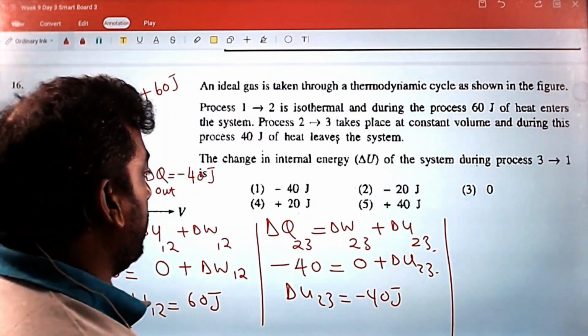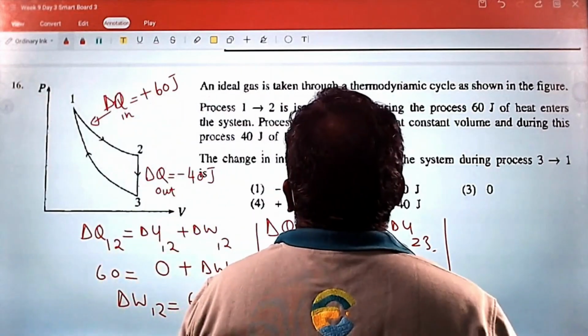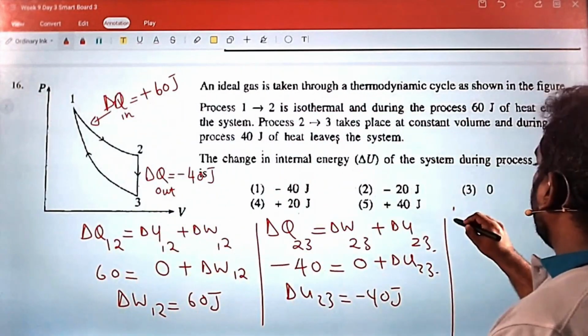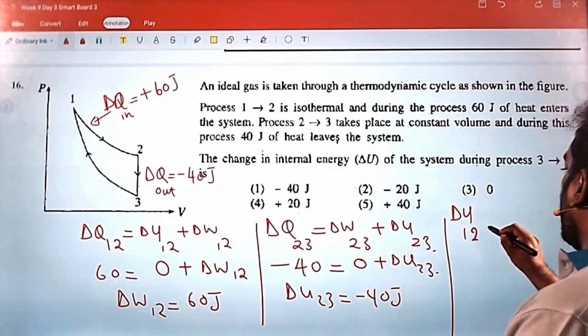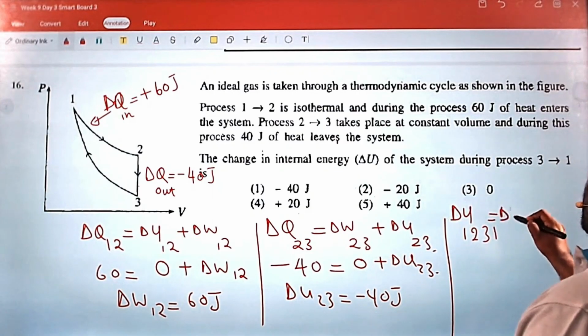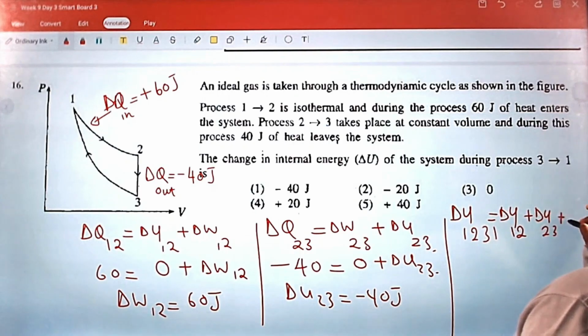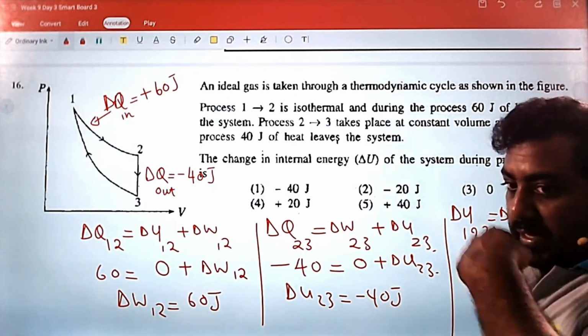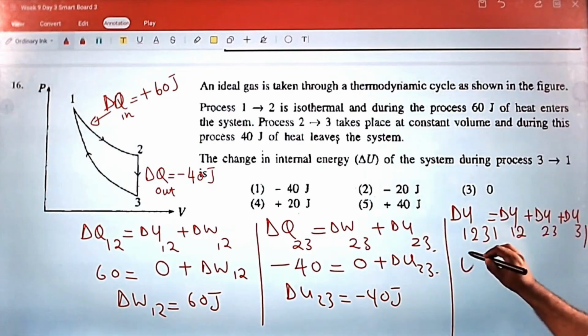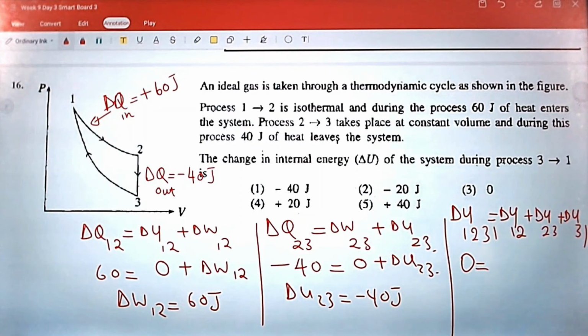Take 3 to 1. You can apply this now: delta U for 1 to 2 to 3 to 1, that is delta U 1 to 2, plus delta U 2 to 3, plus delta U 3 to 1. It is a cyclic process, so the internal energy change is 0. So here you have 0, minus 40, plus delta U 3 to 1.